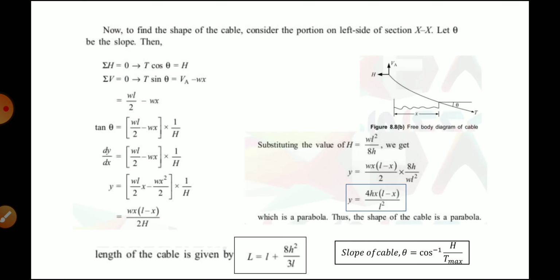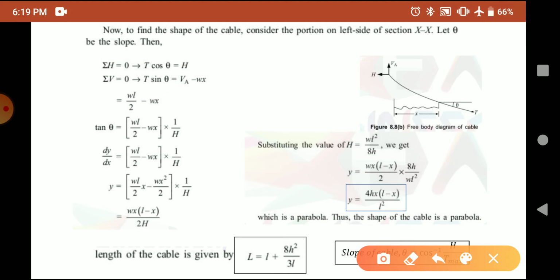Now, to find the shape of the cable, consider the portion on the left side of section XX. So we are considering a point XX at a distance x from end A. Let the angle exerted by the cable with respect to horizontal be theta. Right. Now, if we take sum of horizontal forces equal to 0, what will be the value?